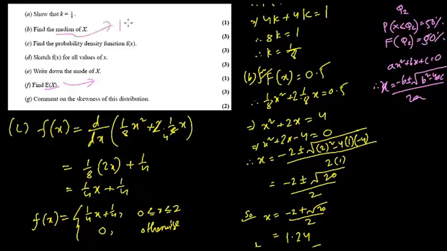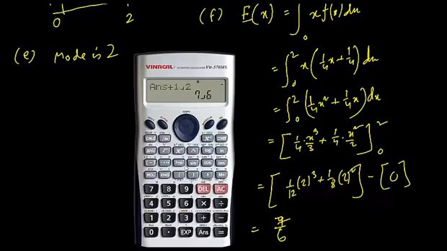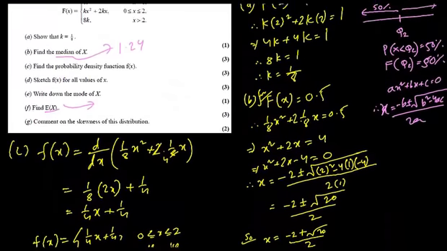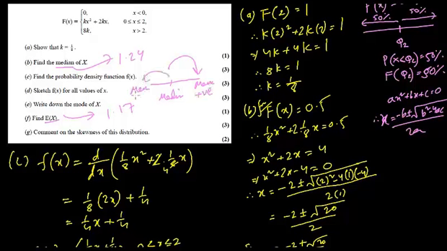The median is 1.24 and the mean is 7 by 6, which is 1.17. Now you see that the median is more than the mean. If the mean is more than the median, we say that the data is positively skewed.